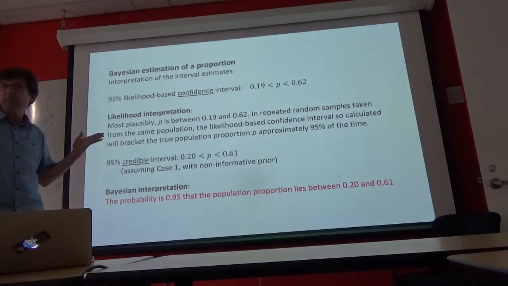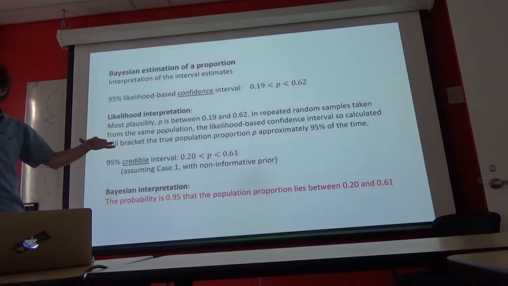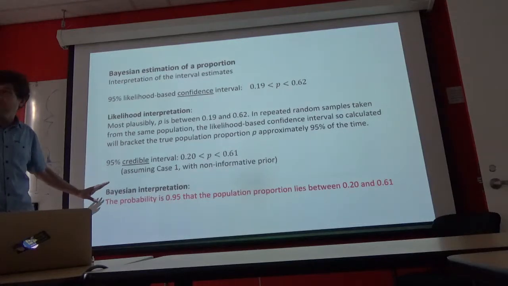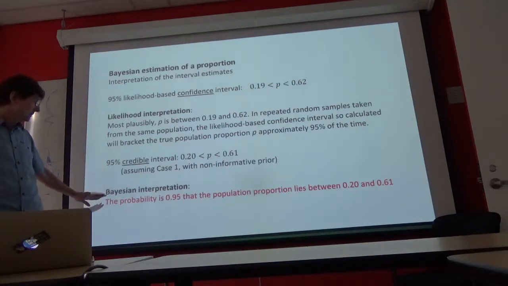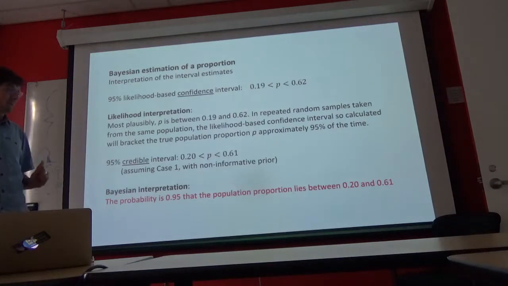That's our conventional definition of a 95% confidence interval in the world where probability is defined as a long-run proportion. But in the world where probability has a completely different definition as a measure of degree of information or belief, the probability is 0.95 that the population proportion lies between 0.2 and 0.61.